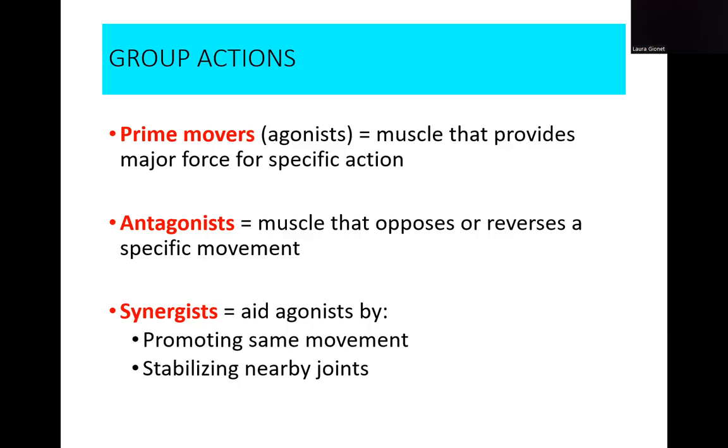Because to do a good biceps curl, you'll often say, tuck your elbows, if you're doing a standing one, tuck your elbows to your side so that when you flex your elbow, your palms come right up to your shoulder without your elbows moving around or your shoulder moving. So you kind of stabilize the shoulder joint. When the biceps brachii muscle contracts, the only thing that's moving is the forearm, if that makes sense. So those would be synergists that often stabilize the origin end of the bone and keep that from moving so that you have a specific action.